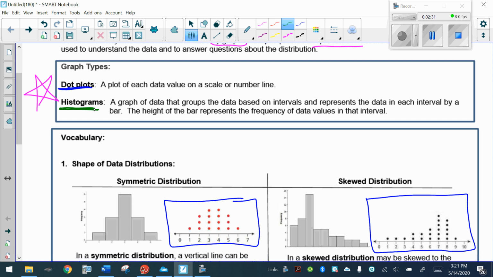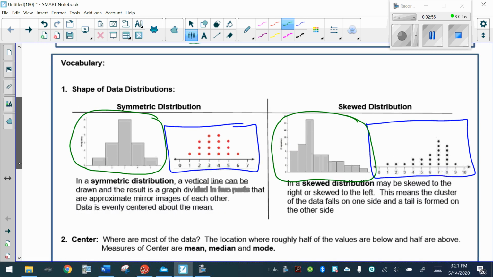You'll see what they're talking about with these intervals when we start to do the examples. You can't really see the intervals on these pictures, but just so that you keep the two straight, the histogram is the one that looks similar to a bar graph that you may have done even in elementary school. Pretty simple to keep the two straight.